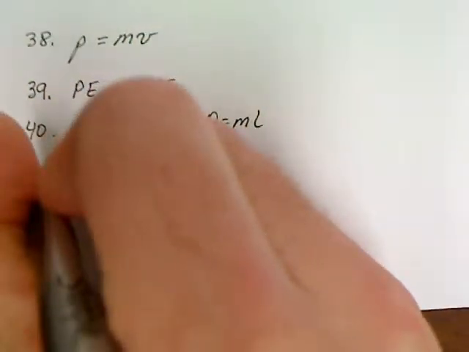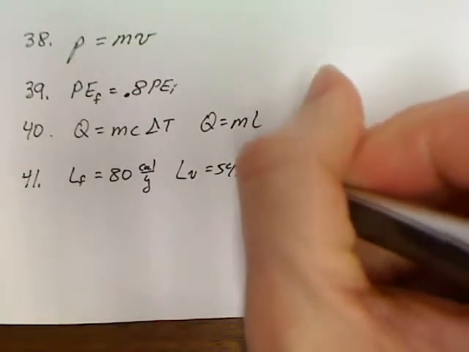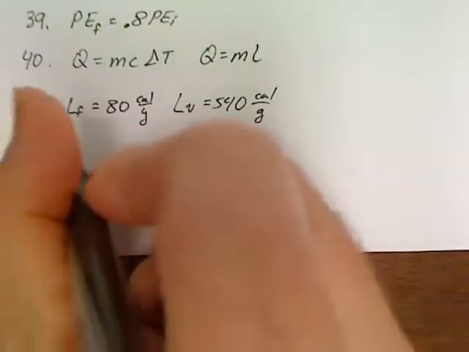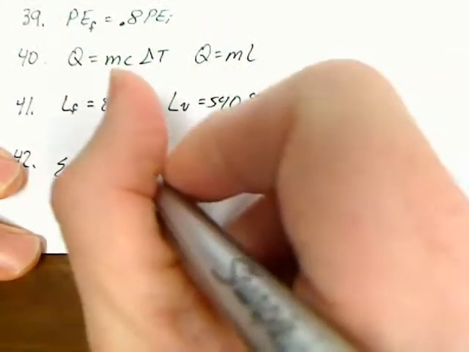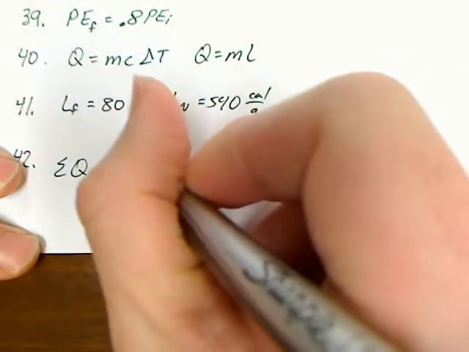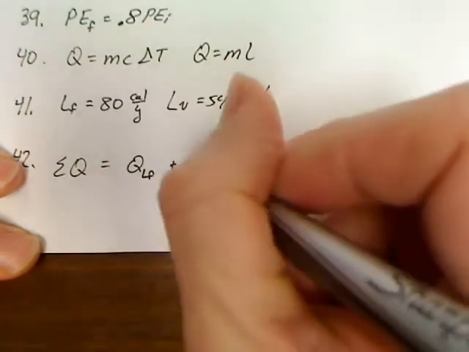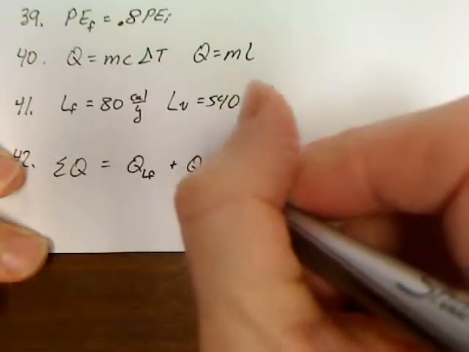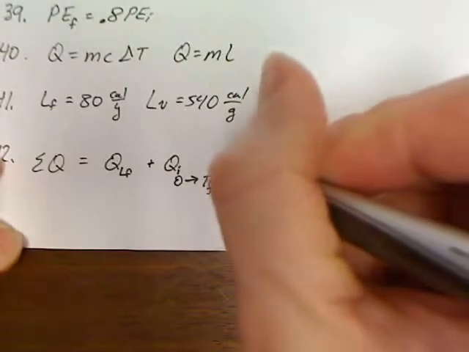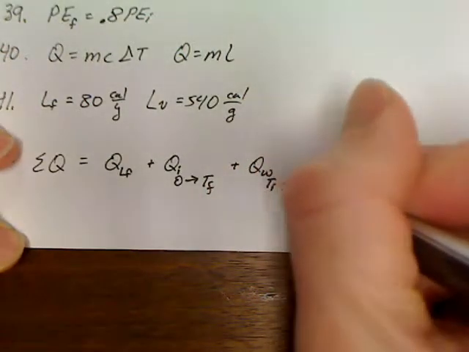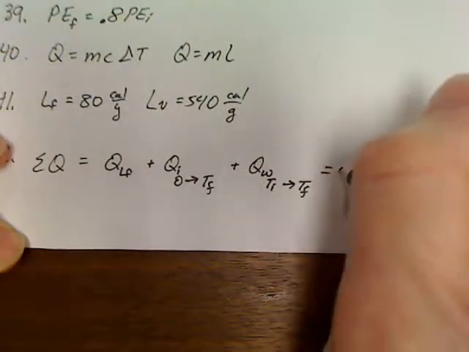L F is 80 cals per gram. L V is 540 cals per gram for water. 42. Sum of the Q's for a piece of ice placed in water. You would have a Q to melt the ice. Then you would have a Q for the piece of ice to go from 0 degrees to some temperature final. And you'd have a Q for the water that was dropped in to go from some temperature initial to some new temperature final.